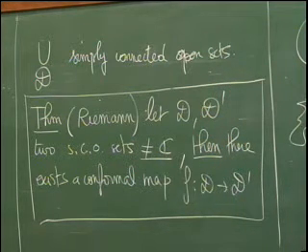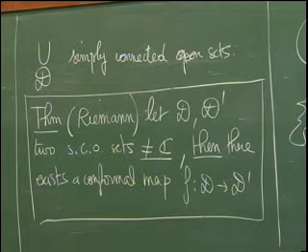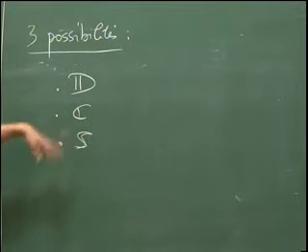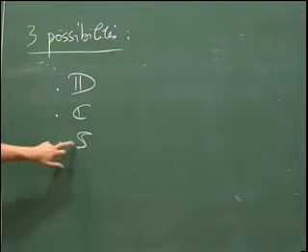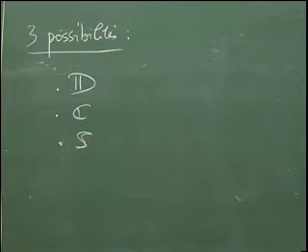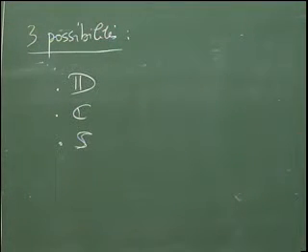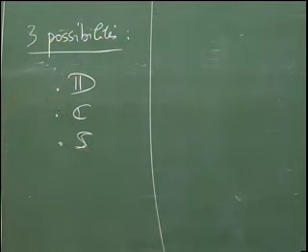So you have three possibilities when you look at equivalence by conformal maps: the disk, C, or the sphere. And here you recognize exactly the three geometries: hyperbolic geometry, Euclidean geometry, and of course spherical geometry. So that extends to something much deeper. Okay, so that was a brief discussion.